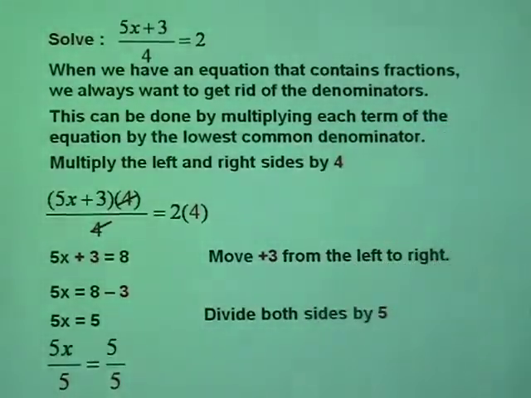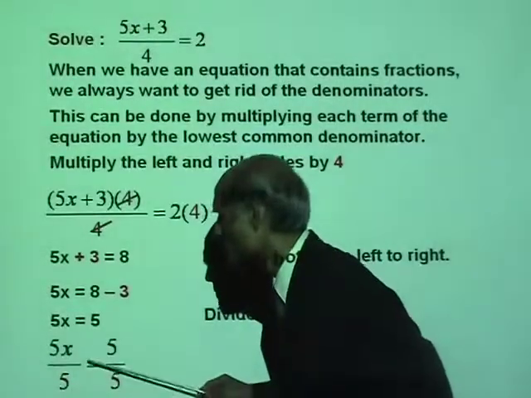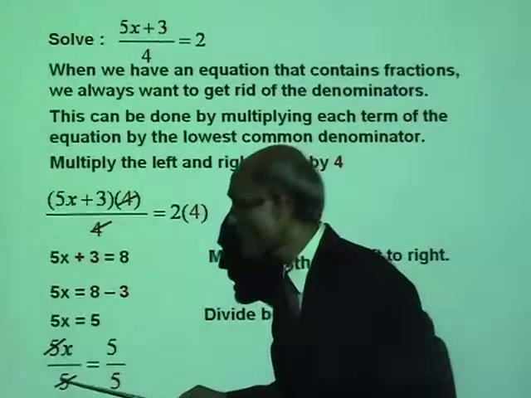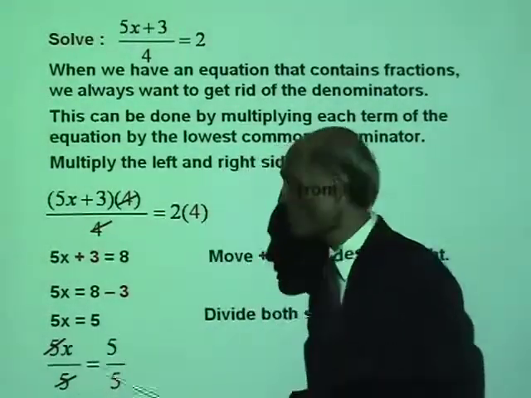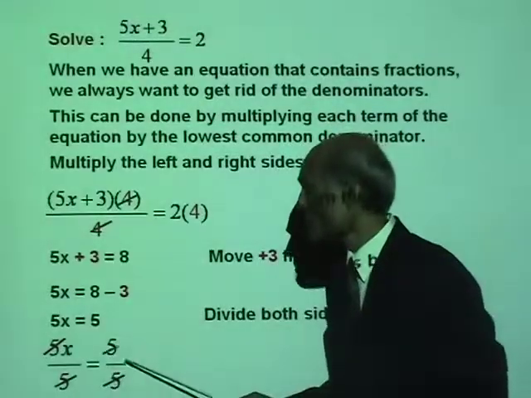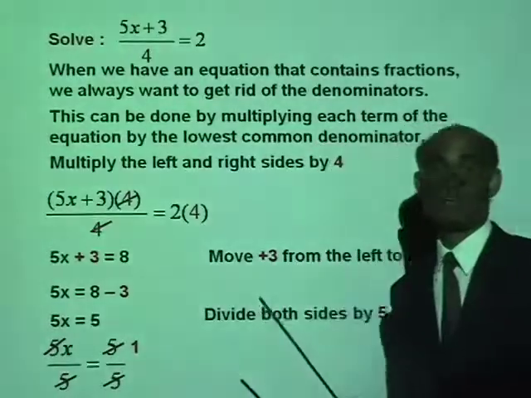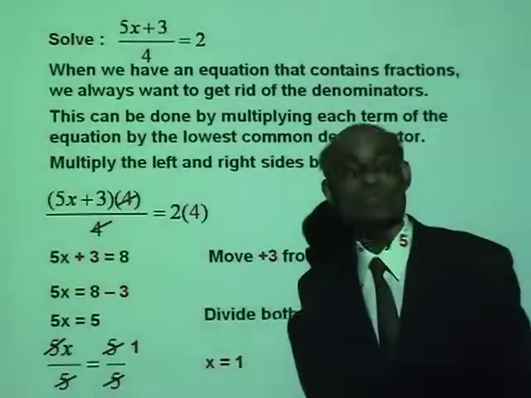On the left, the 5 and the 5 cancel, leaving just x alone. And on the right, 5 divided by 5 is 1. What is our solution? Our solution is x equal to 1.